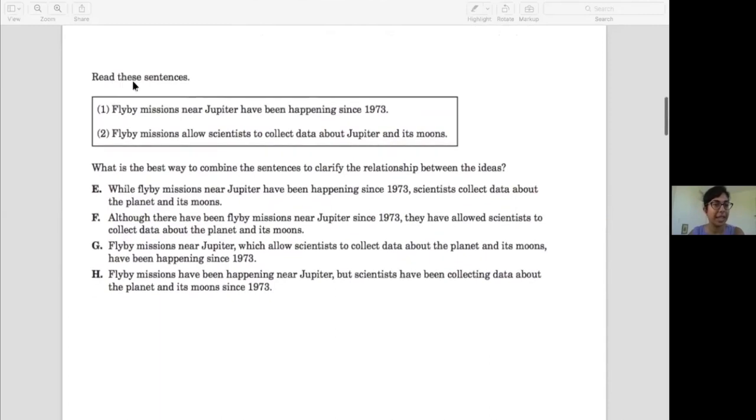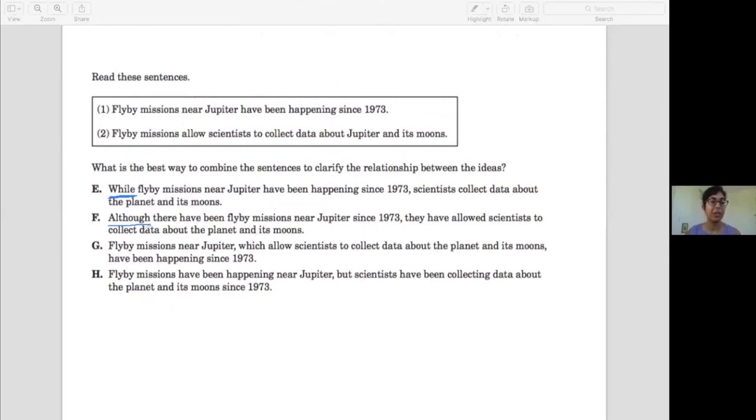I'll just quickly say that here, this is a question about the best way to combine these sentences to clarify the relationship. And on questions like this, you want to make sure that these conjunction words, right, these FANBOYS and non-FANBOYS that you might use to join 2 sentences, appropriately reflect the relationship between the 2 sentences.